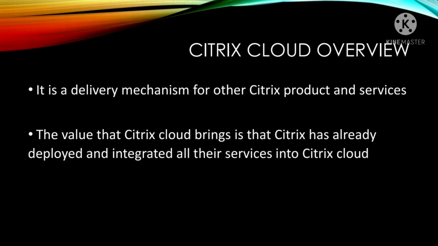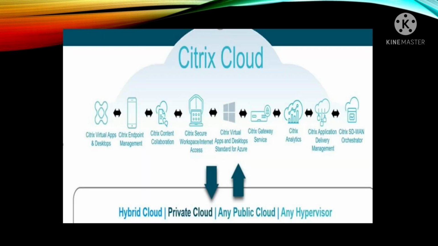Now, what is Citrix Cloud? It is a delivery mechanism for other Citrix products and services to the end user. Now imagine Citrix Cloud as a streaming platform, for example, Netflix or Amazon Prime, and the services delivered by Citrix Cloud, such as Citrix Virtual Apps and Desktops or Citrix Files, as the content delivered, like movies, series, etc., by all those streaming platforms.